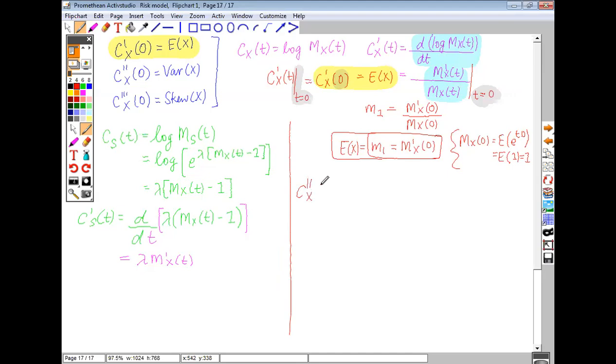So if I want to have a look at c double prime of xt, what will I get? So I'll have to differentiate m prime of xt upon m of xt here, again with respect to t. So what do you guys think I will get here?